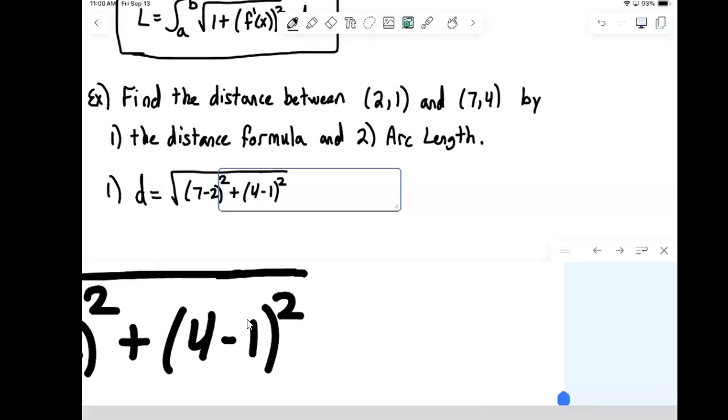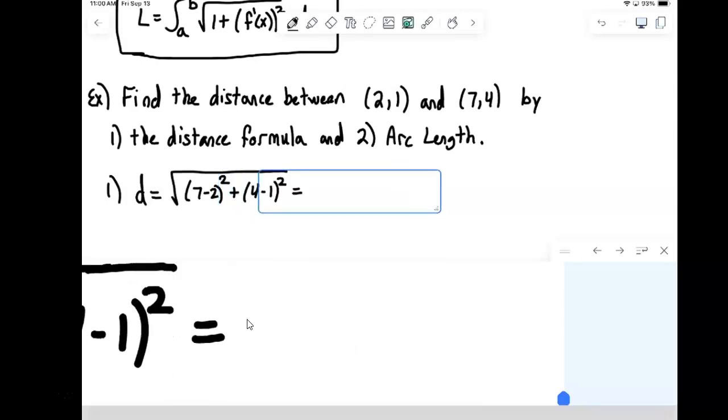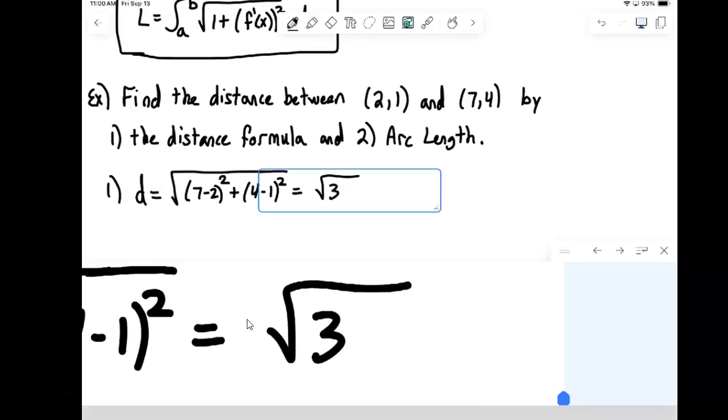And then we just simplify. 7 minus 2 is going to be 5 squared, which will be 25. 4 minus 1 is going to be 3 squared, which will be 9. 25 plus 9 is 34. It's the square root of 34, and we cannot simplify that answer. So we're just square root of 34. Okay, so that was with the distance formula.